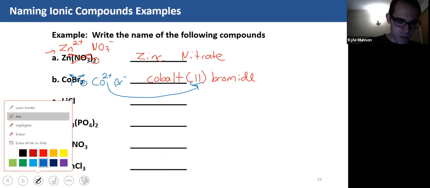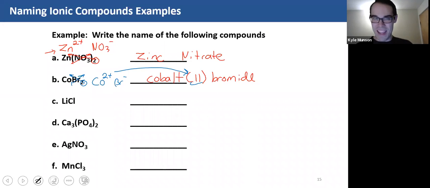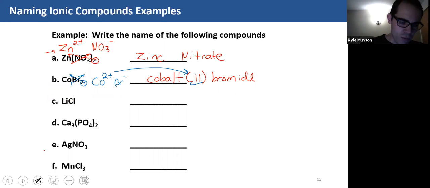That was actually terrible of me to draw it there, because I'm going to have to, there we go, that's better. Write a name there, right? So it's cobalt 2 bromide. Okay, so next one. Well, if we just broke this apart, this is going to be a lithium ion.